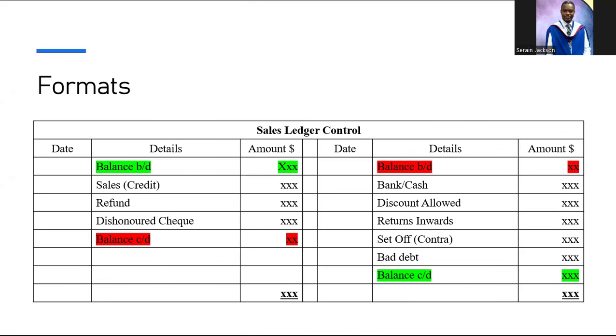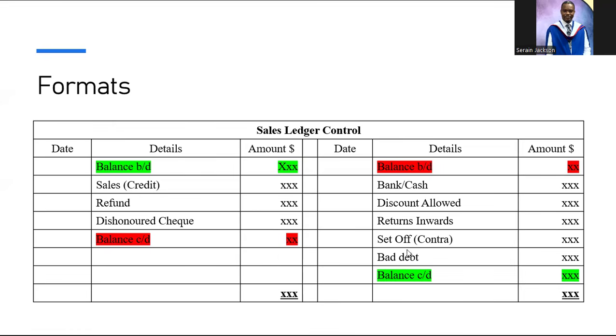Remember that debtors are persons who owe you money. And so one key concept for you to understand about the sales ledger control is that whatever will increase the amount that debtors owe you, you will debit. So if you look on the debit side here, you will see sales, refund, dishonored check, and so forth, and I'm going to talk about them in a little while.